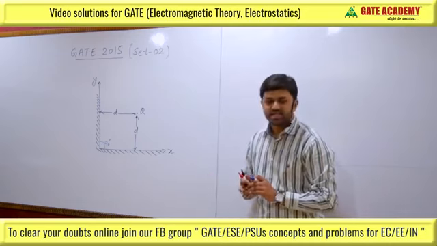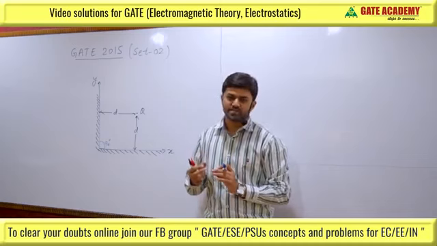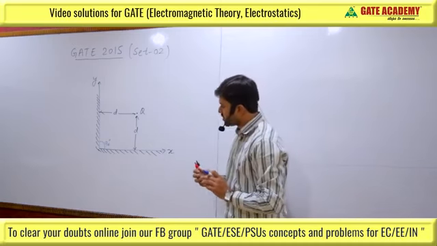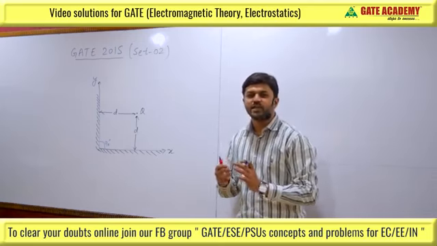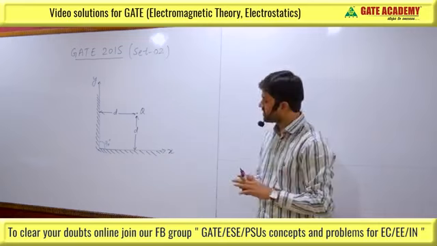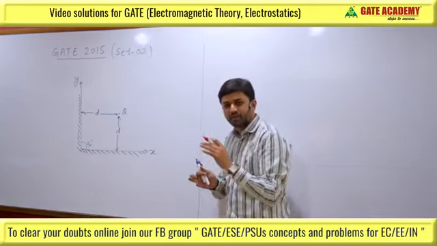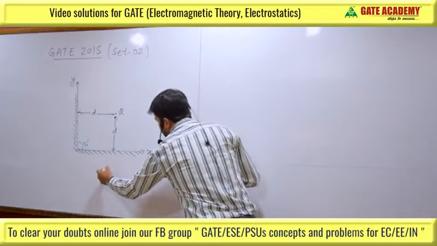So whenever the charge is placed above a conducting sheet, we should apply the method of images. To apply the method of images, we should know how many image charges are required.